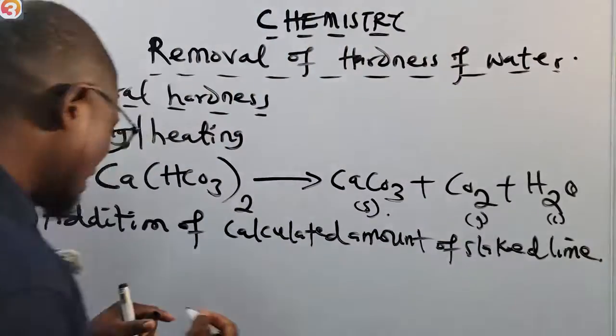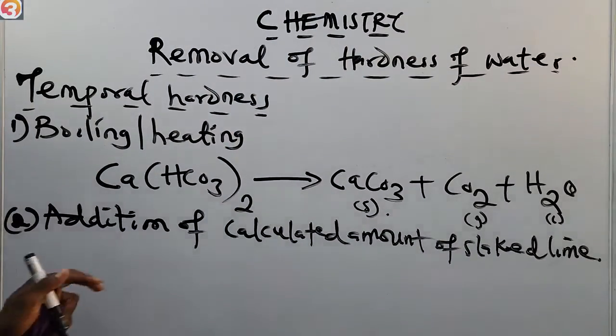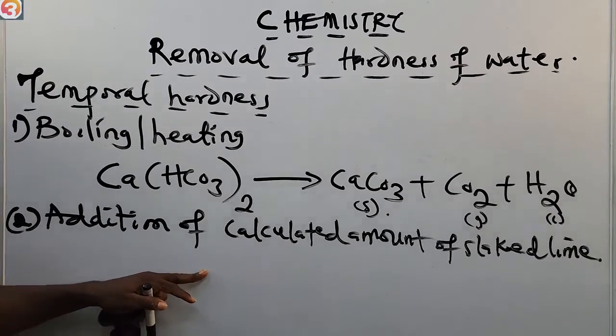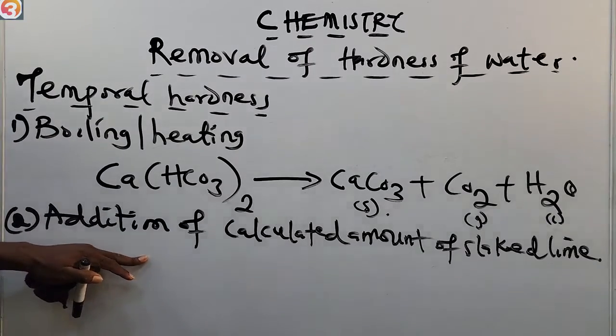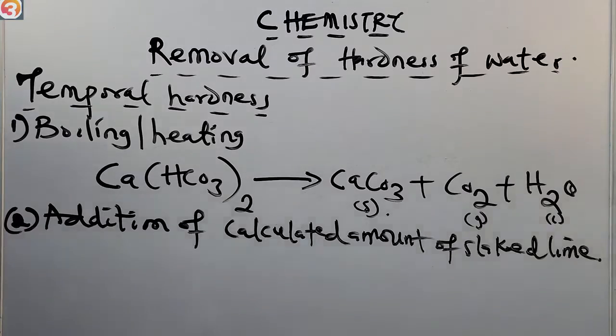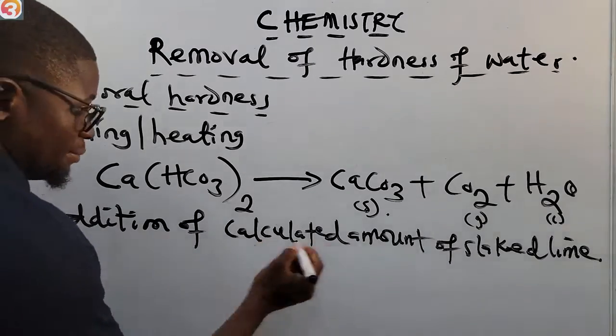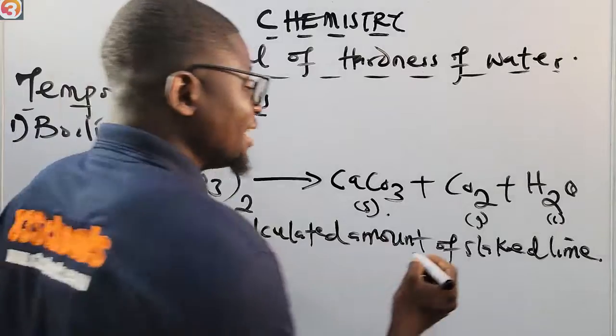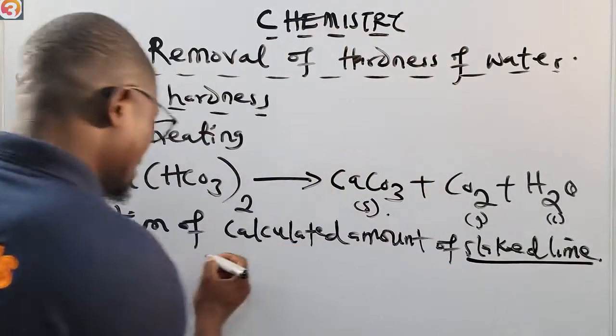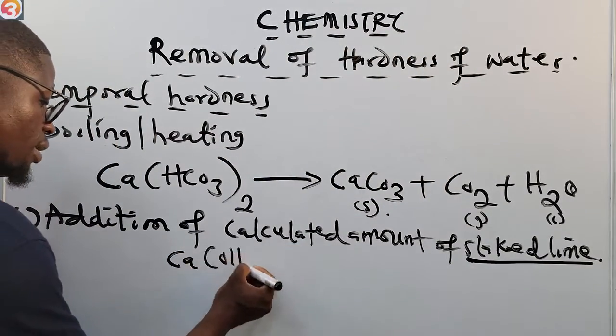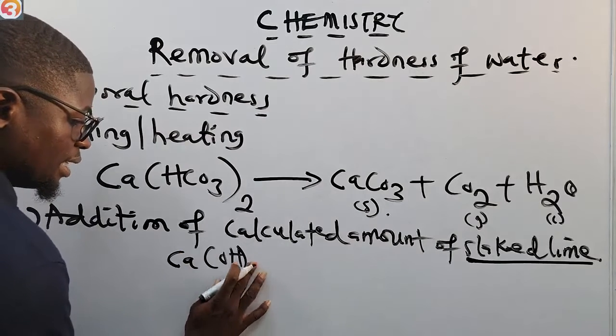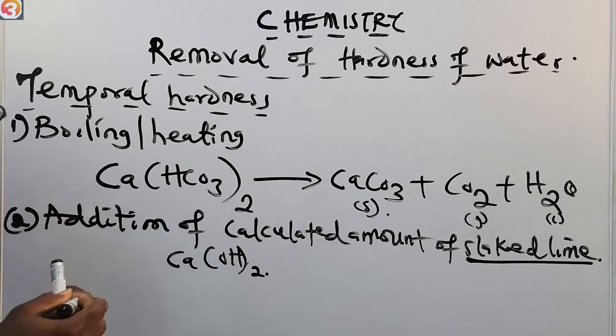Another method of removing temporary hardness is by addition of a calculated amount of slaked lime. Slaked lime, please, these are exam questions, is Ca(OH)2.